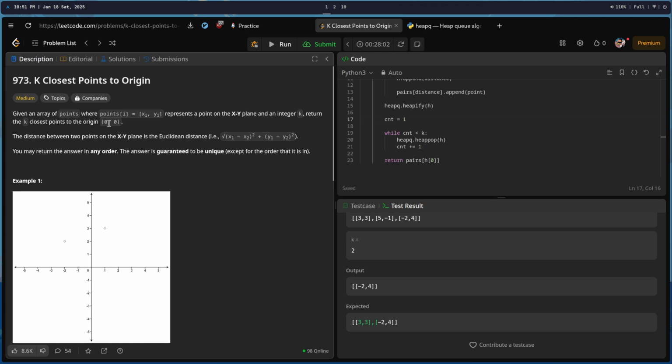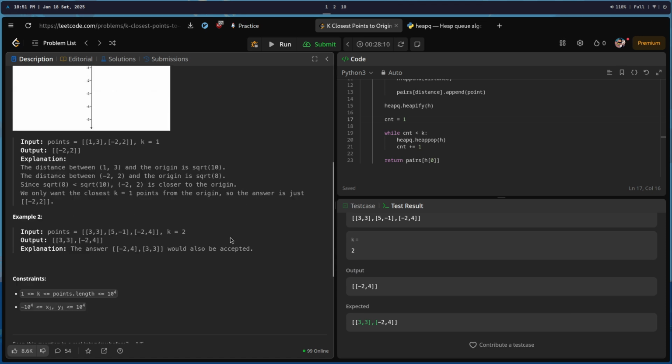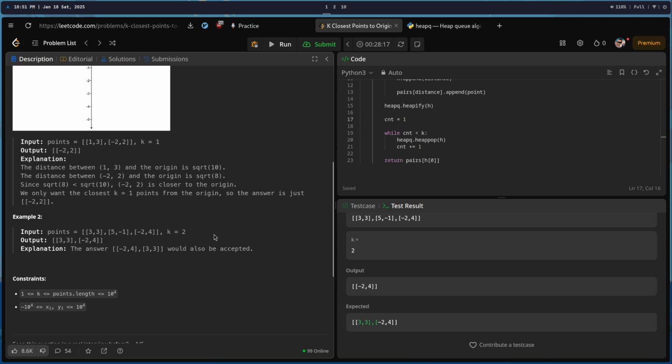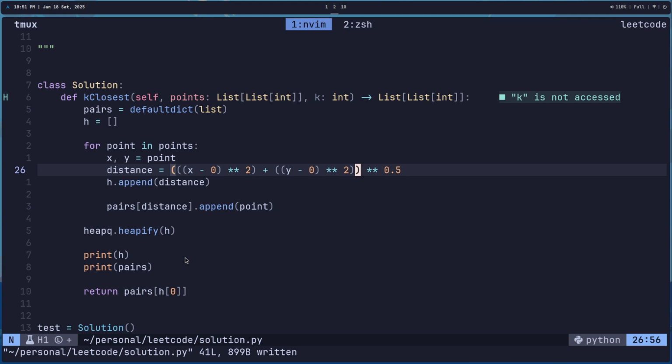Given an array of points, square root 10. I don't know why I assumed that they would be in the same group.